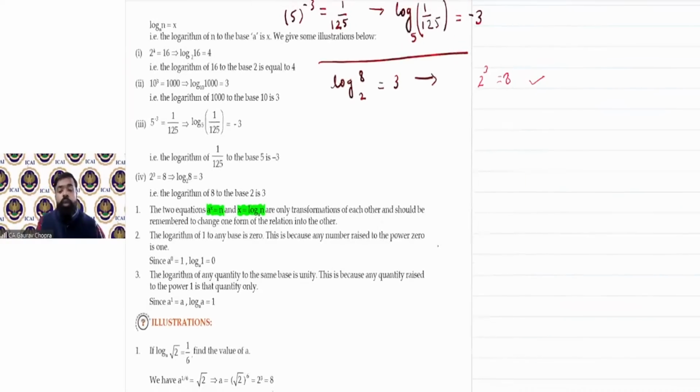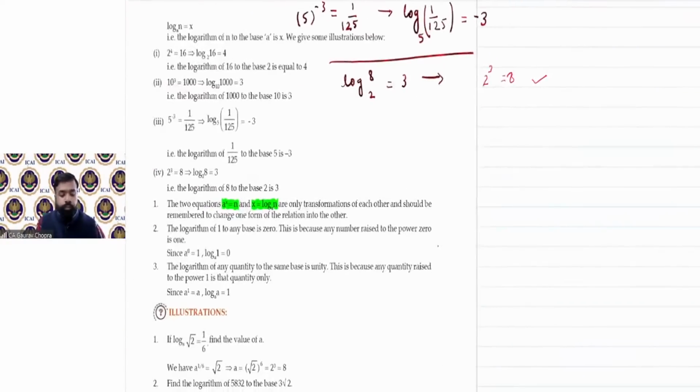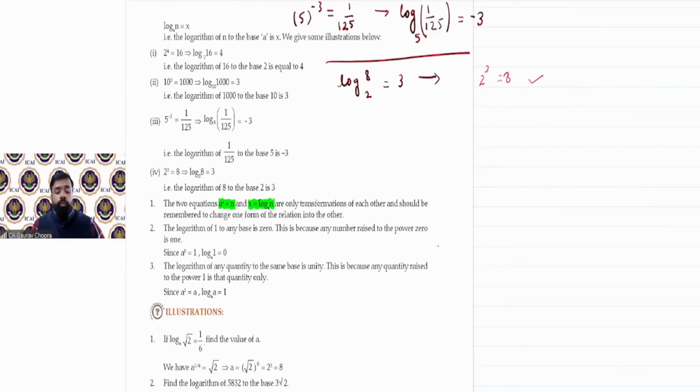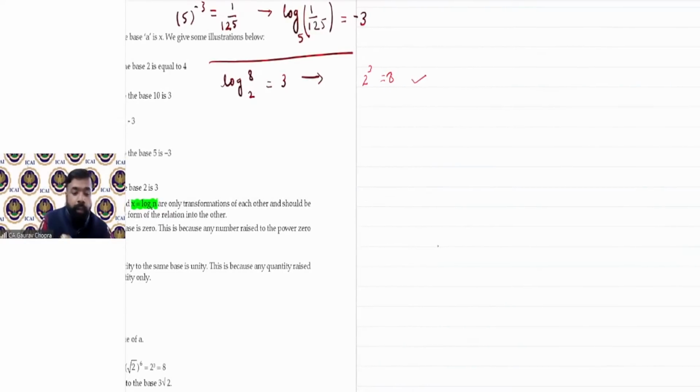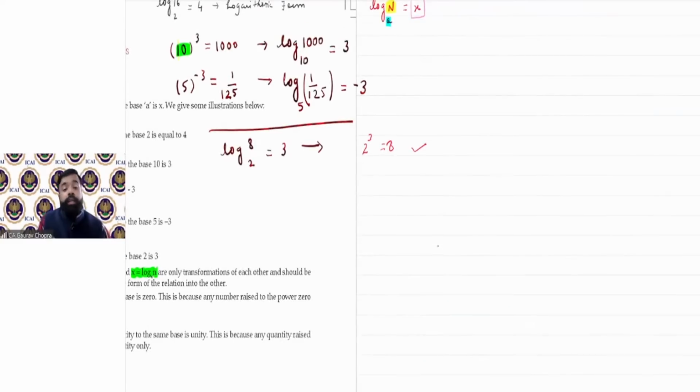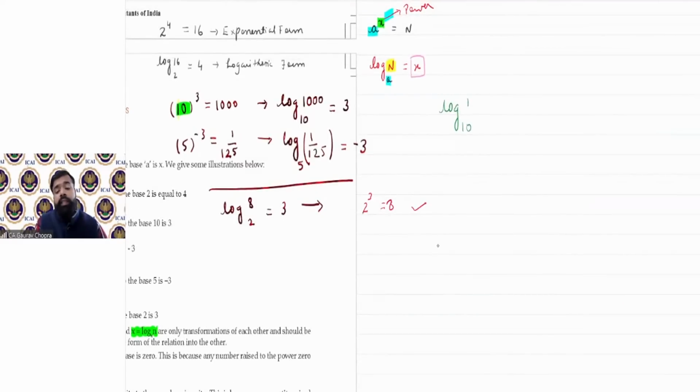Now comes one other point, that is log of 1. What is log of 1? So if we write log of 1 base 10, let us write this into exponential form first, that is, the 1 is the result and 10 is the base.